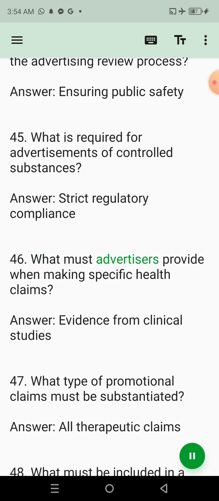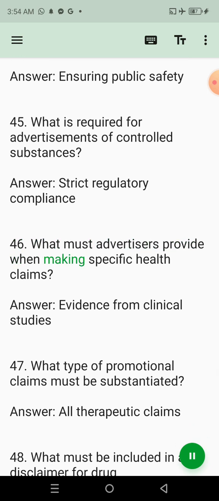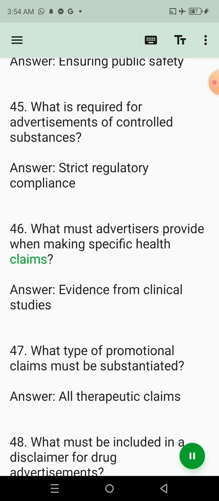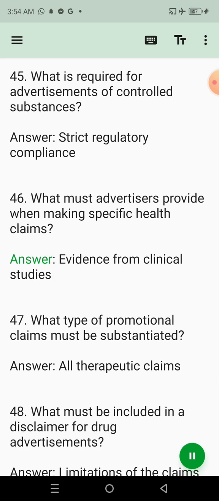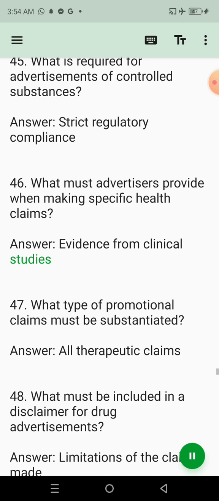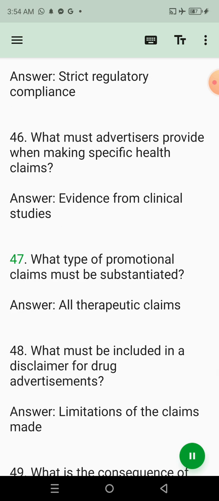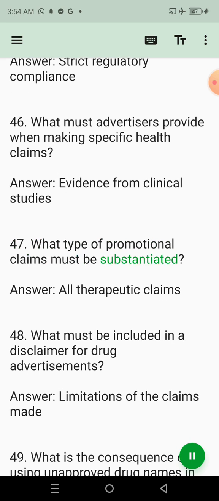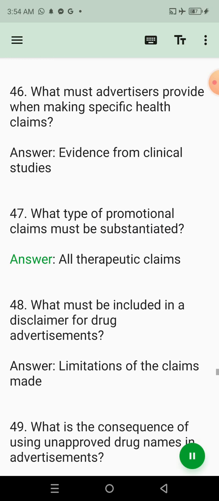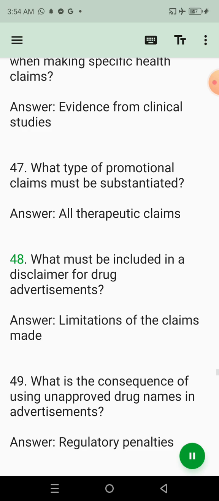What must advertisers provide when making specific health claims? Answer. Evidence from clinical studies. 47. What type of promotional claims must be substantiated? Answer. All therapeutic claims.